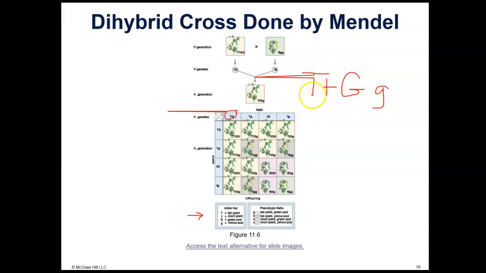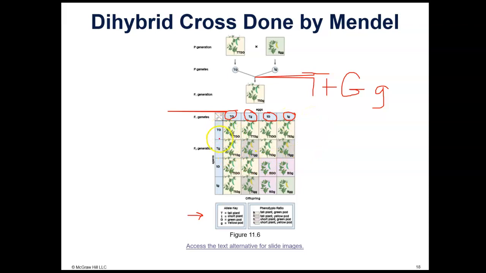We can get big T, little g, and that's this. We can get little t, little g, which is this. And we can get little t, big G, which is this. So these across the top of the columns are the possible allele combinations you can get from one of the parents.